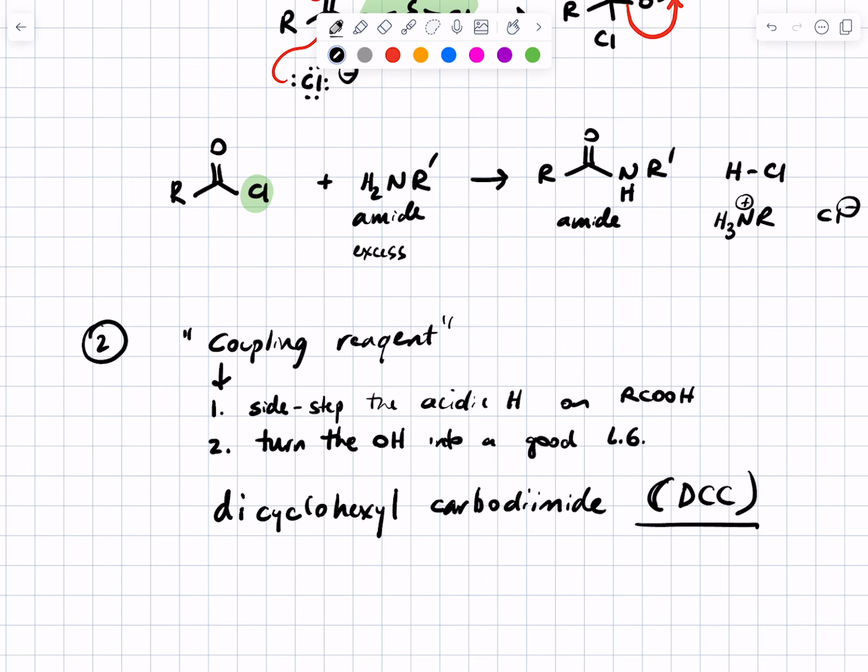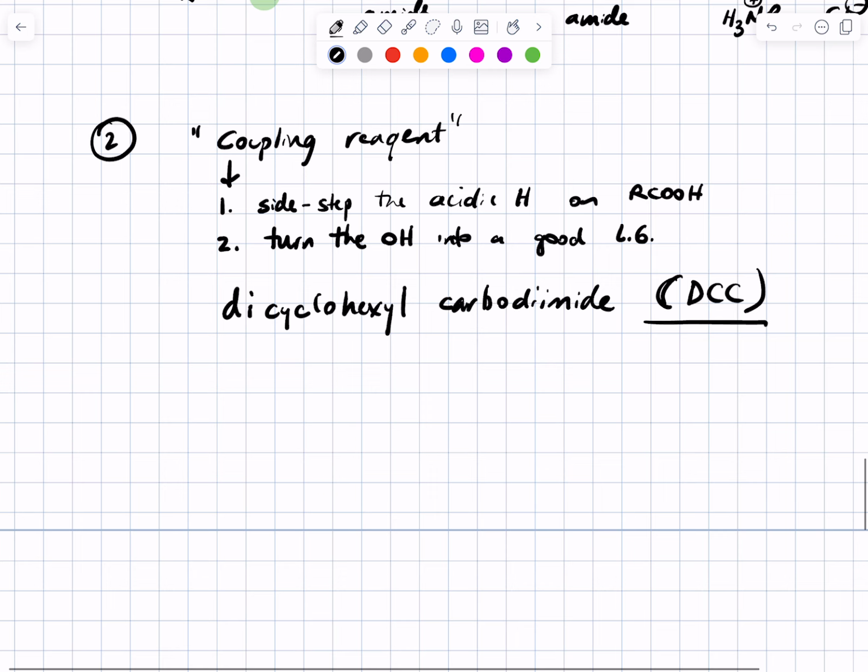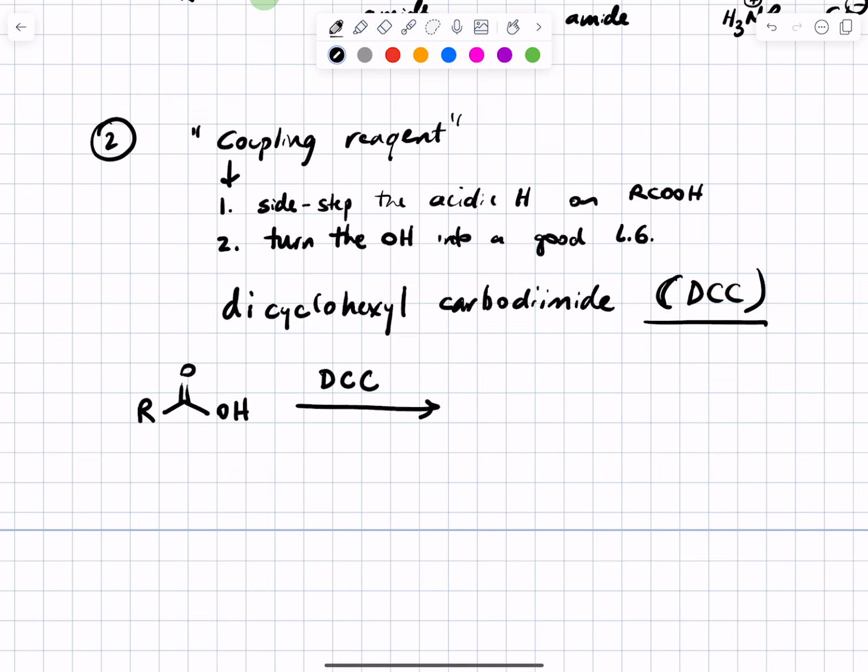DCC, dicyclohexyl carbodiimide, is a reagent that will accomplish these purposes for a carboxylic acid. So in a predict-the-products question, you will see, and again, I'd have to check your text whether it shows just DCC alone, often you need a base, a non-nucleophilic base. A good example of that is triethylamine, which we often abbreviate as N with an Et3.